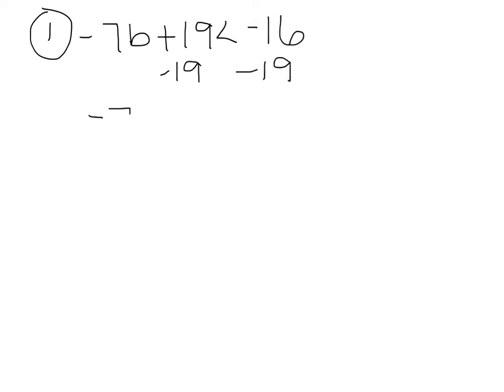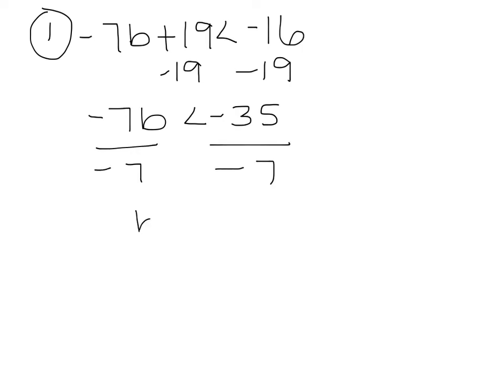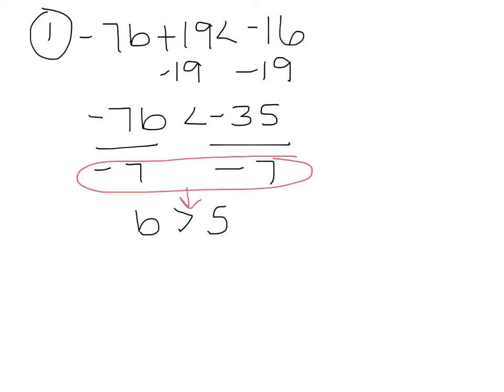This leaves me with negative 7b is less than negative 35. And then I'm going to divide by negative 7 to get b is greater than 5. Remember, because we divided by a negative number, we must flip that sign. It was less than, we have to flip it to greater than.